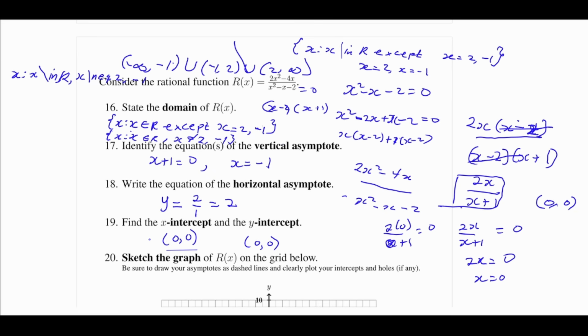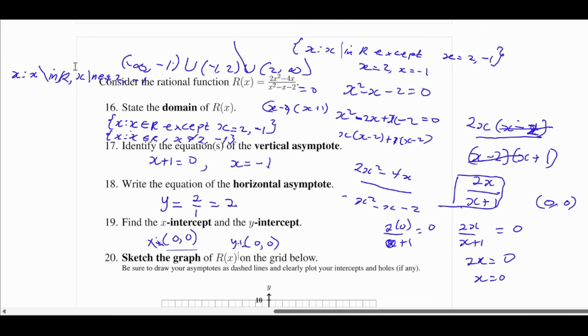Or you write x-intercept (0, 0) and y-intercept (0, 0), and that will be it. But here most people will include the one in the domain, which is x equal to 2. They will write (2, 0), and that one will also be wrong.